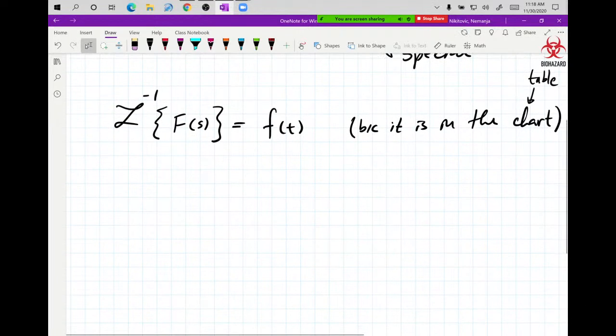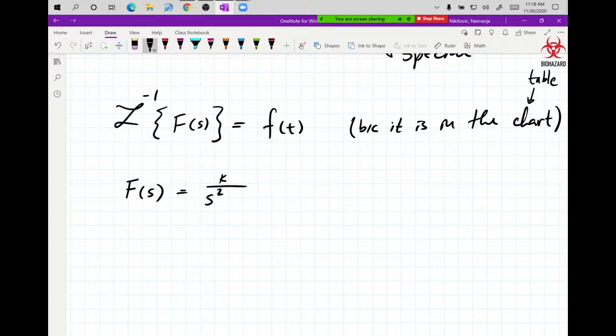So if you have f of s equal to, let's go with, k over s squared minus k squared, the chart would say that the inverse Laplace of k over s squared minus k squared is, this is a minus, so it's hyperbolic, sine hyperbolic kt.